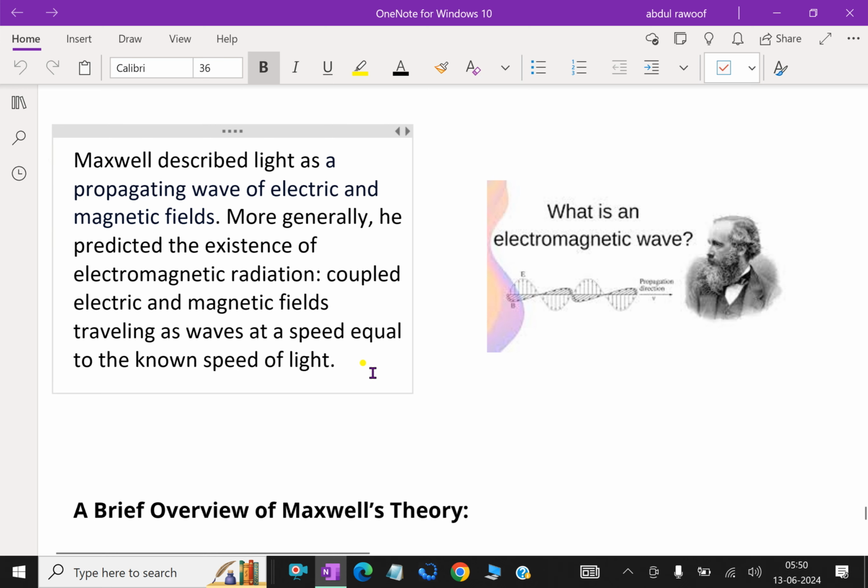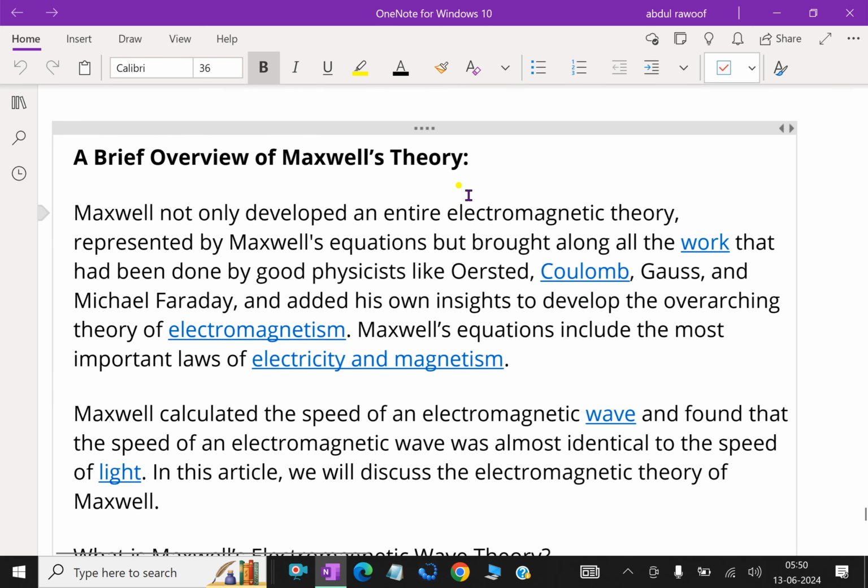Here is a brief review of Maxwell's theory. Maxwell not only developed an entire electromagnetic theory represented by Maxwell's equations, but brought along all the work that had been done by good physicists like Ørsted, Coulomb, Gauss, and Michael Faraday, and added his own insights to develop the overarching theory of electromagnetism.